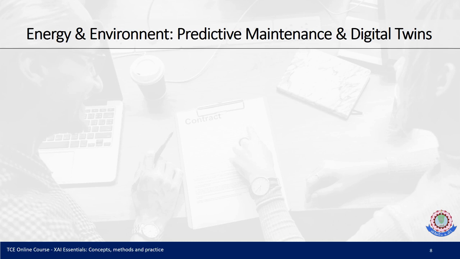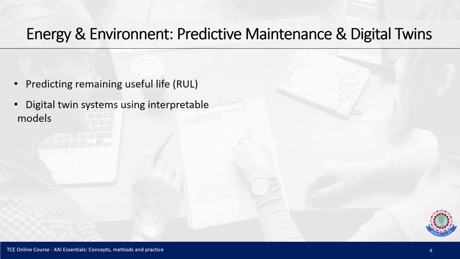Now we move into energy and environment. Energy and environment also benefit from explainable AI. Believe me, consider predictive maintenance, like predicting the remaining useful life of equipment like grids or turbines or anything else using a digital twin system. Traditional AI may predict failure, but operators must understand which feature or sensor readings led to this prediction, because some sensor may be faulty.